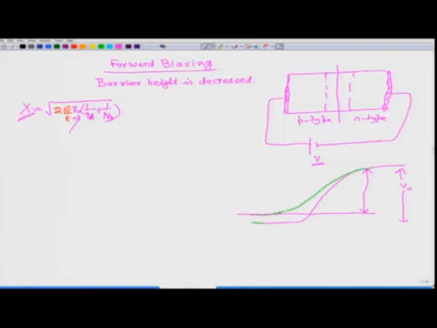So, one thing is that height is decreased and the second thing is that width is also reduced. This depletion region width, where the electric field exists, decreases.